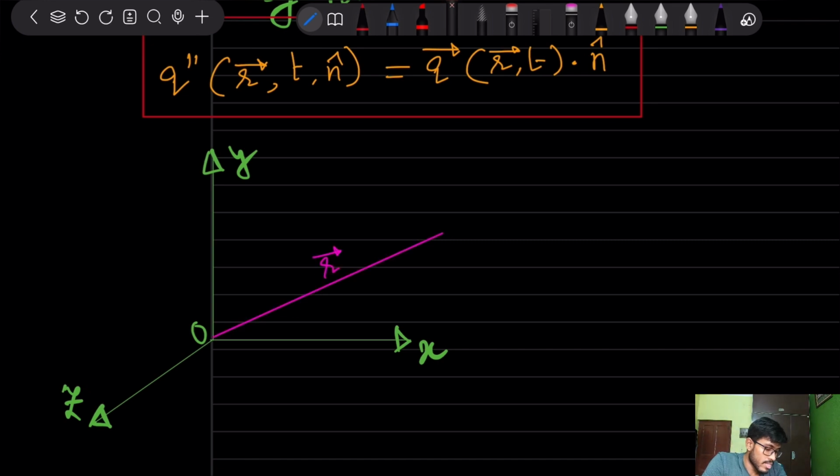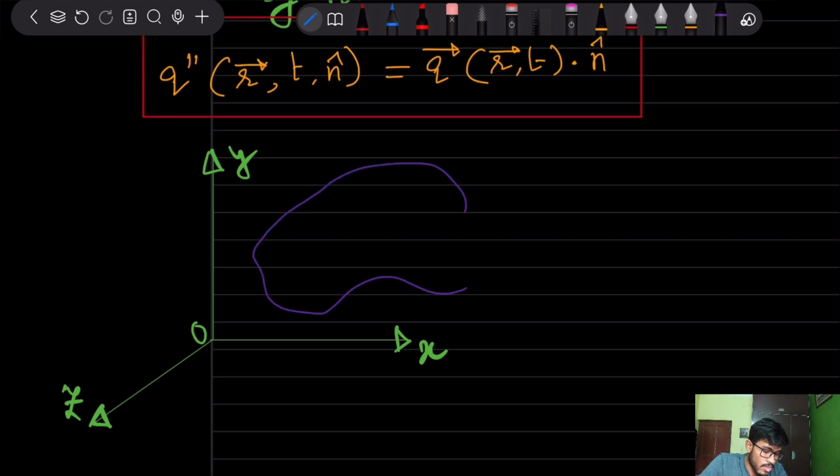Now I will define, I will need this one, but for my system. So this is my system and the volume is V cut. It is the total volume of the system, and the total surface area is A.